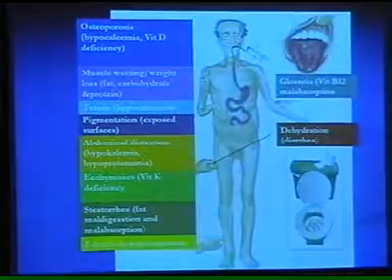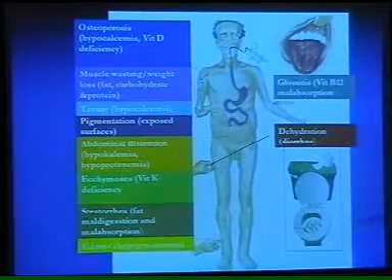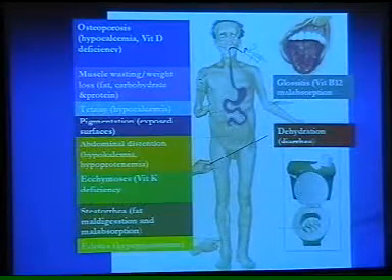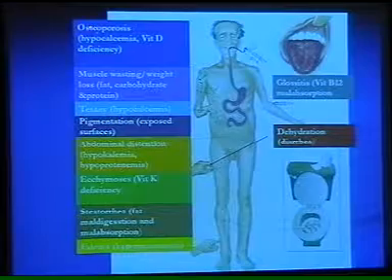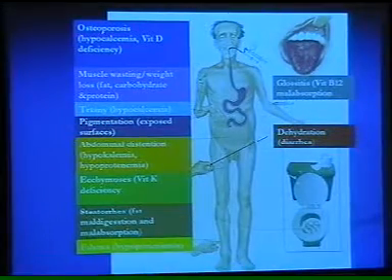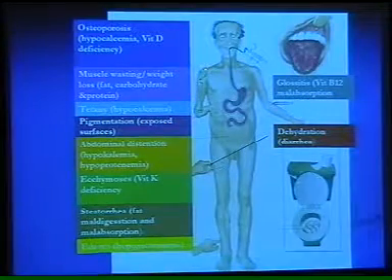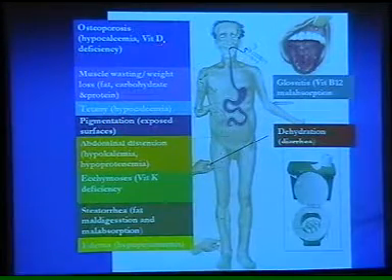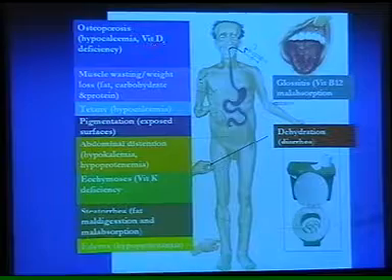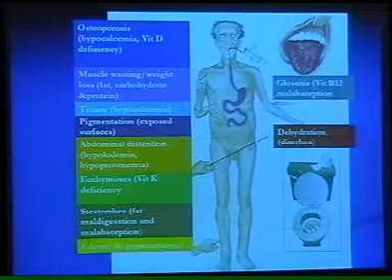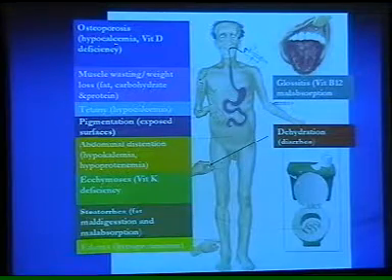Okay, it's important to know the clinical features so that you can diagnose and properly treat and refer these patients. The first thing is osteoporosis. Especially, we know that vitamin D is a fat-soluble vitamin. So if a patient is having fat malabsorption, it's going to be low vitamin D. And with any disease of the intestine, even in celiac disease, the calcium will be low.